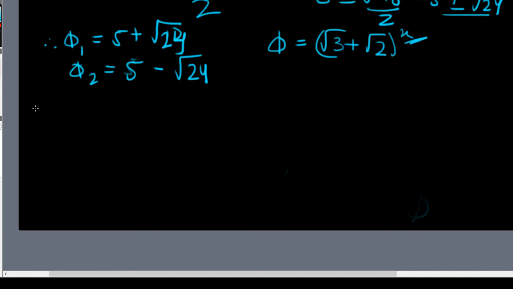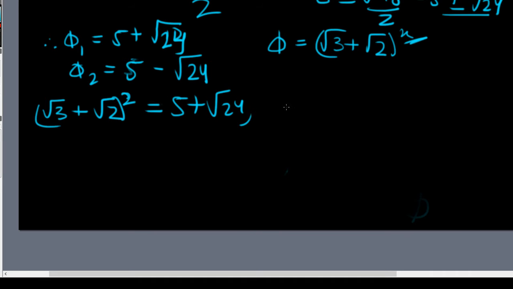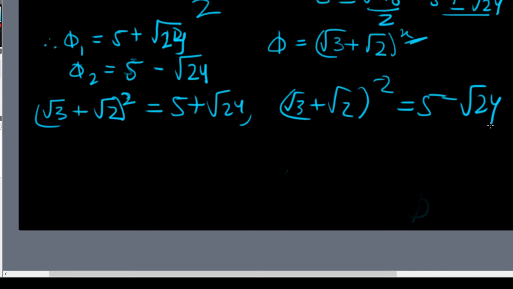By inspection, we could actually solve it using logarithms, but we can just see by looking at it that (√3 + √2)² is 5 + √24, and (√3 + √2)^(−2) is 5 − √24. So x is equal to 2 and x is equal to −2.